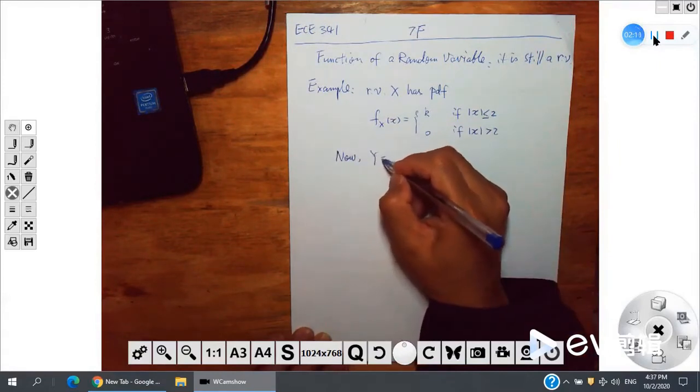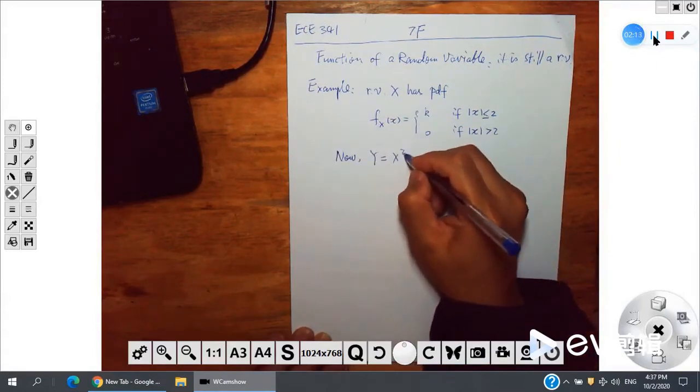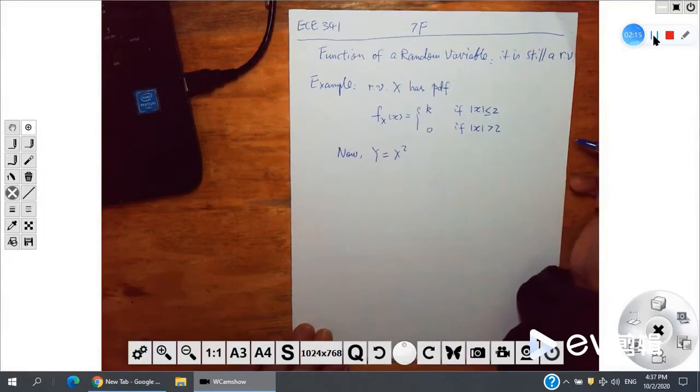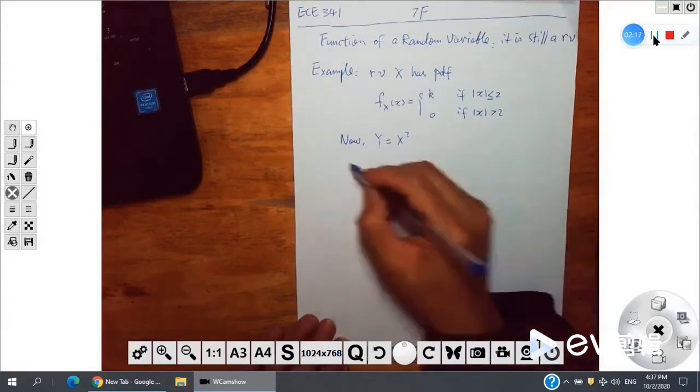Now Y equals X squared. Then we want to know several things.